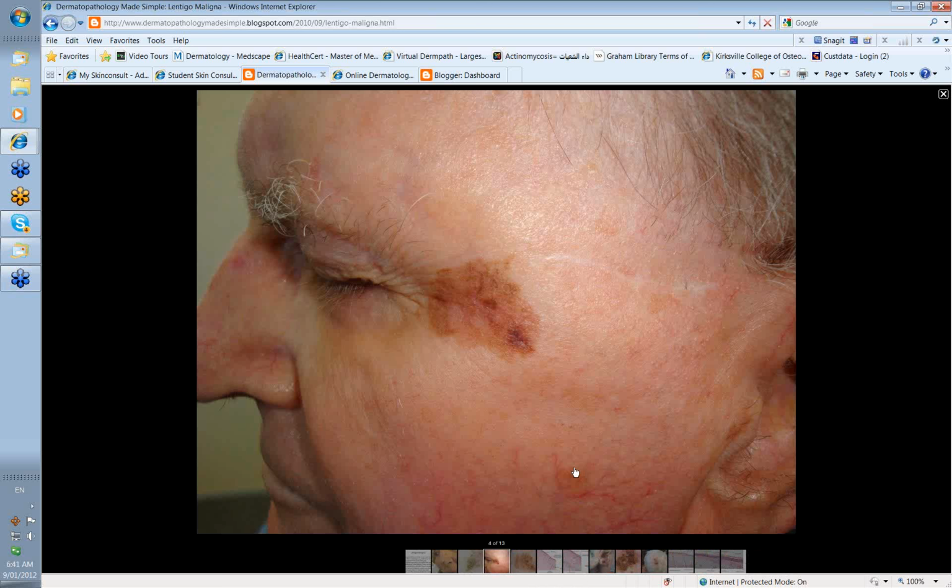Before we have a look at histopathology, let's look at another case. Here's an area of pigmentation on the lateral surface of a man's face, just on the lateral epicanthus here extending out from the eye. Again, you can see the varying pigmentation that we're seeing here within this.